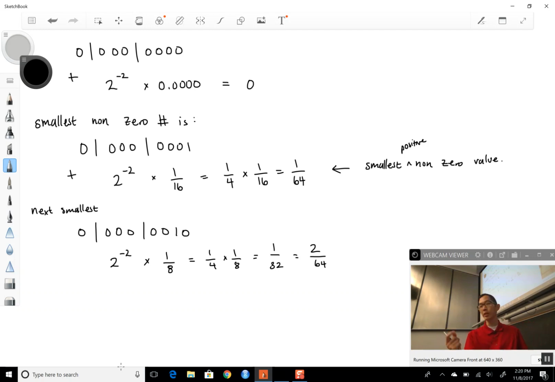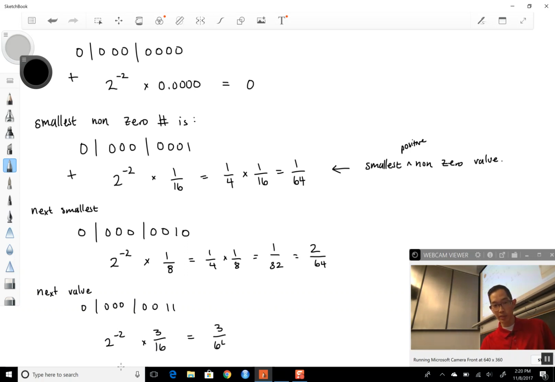As far as the mini floats go, the smallest increments that we have are 64ths, right? And then the next value would be 0, 0, 0, 0, 0, 0, 1, 1, and that's going to be 2 to the negative 2 times 3/16, and it becomes 3/64.